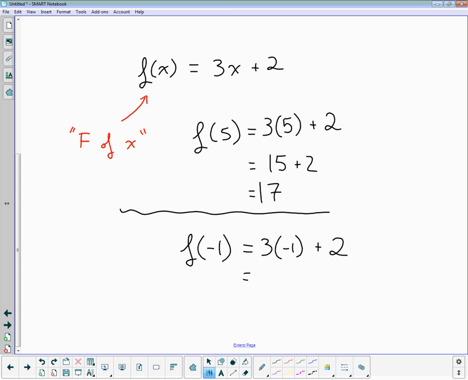What value do we get? 3 times -1 is -3. That's a lousy looking 3. Plus 2 is -1. You see? So this function took in -1, spun it around, and spit -1 back out again.